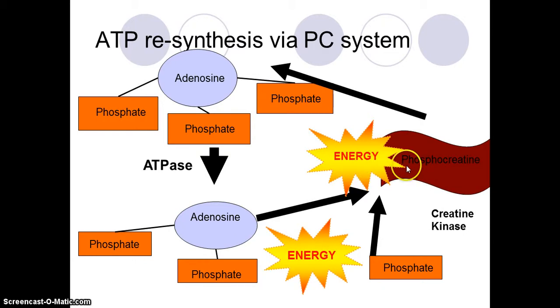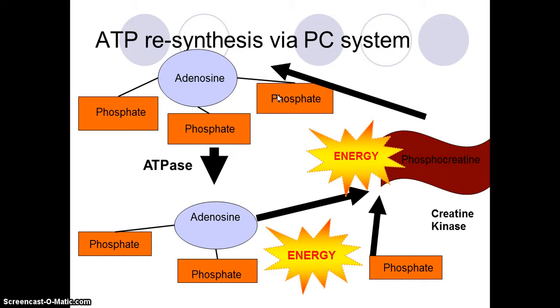And that also produces energy, but we're looking again at that endothermic reaction. So this is an exothermic reaction where the energy is created, an endothermic reaction where the energy is used to reattach this phosphate here to adenosine to give us adenosine triphosphate, 1, 2, 3. So creatine kinase connects the phosphate to the creatine, and then energy is created as that phosphate molecule breaks free again and reconnects with our adenosine.